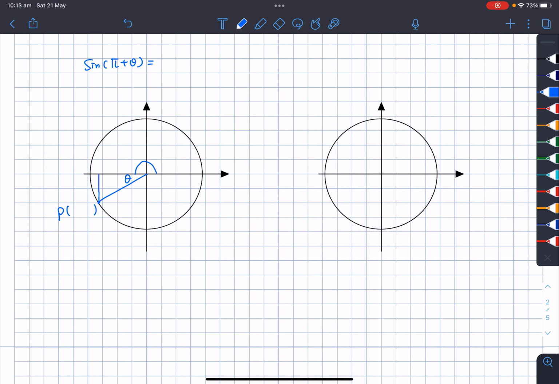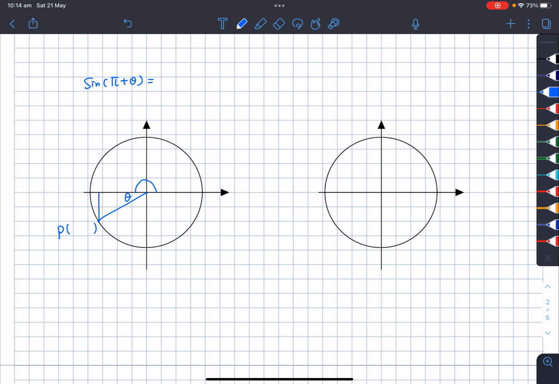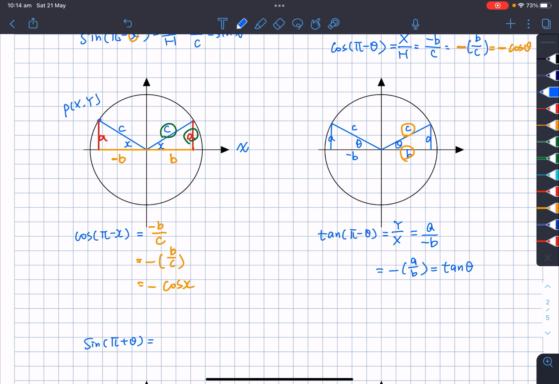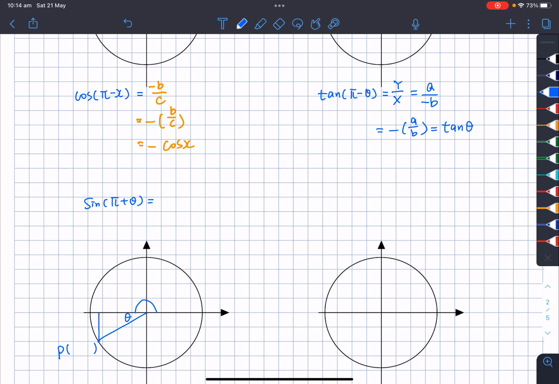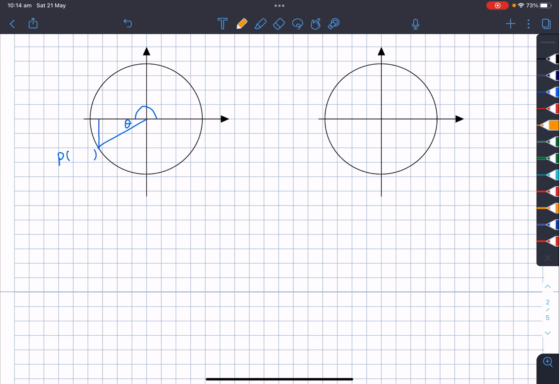I think if you don't, you confuse, so we write down the point P here, because now I define the x coordinate should be negative b, right? A, right? Okay, now since I use the x coordinate here is negative b, here should be, because in the third quadrant, y coordinate is negative a.